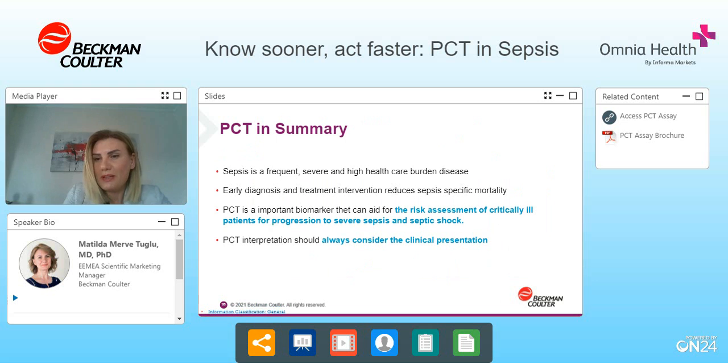Before closing my presentation, I would like to summarize that sepsis is a frequent, severe, and high healthcare burden disease. Early diagnosis and treatment intervention reduces sepsis-specific mortality, and procalcitonin is an important biomarker that can aid in the risk assessment of critically ill patients for progression to severe sepsis and septic shock.